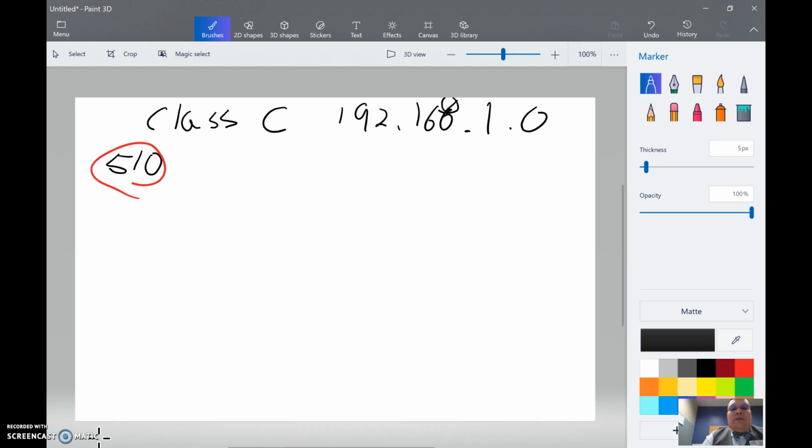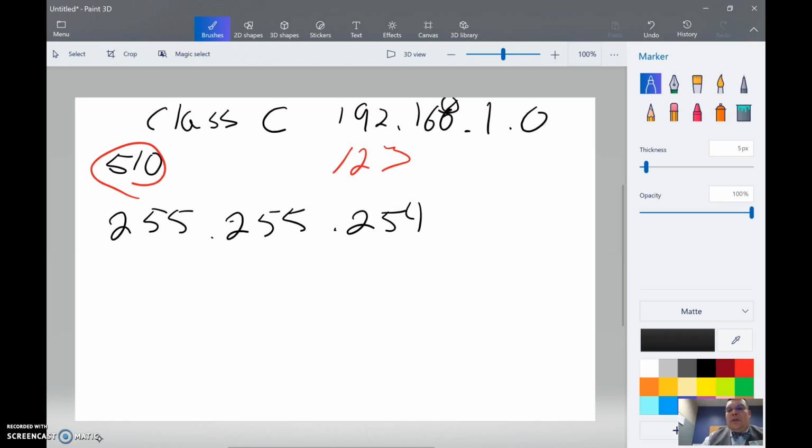So now I need to modify my subnet mask by saying 255.255.254, one less, right? I got a /23.0. So now I have 512 usable hosts because I moved over one spot.